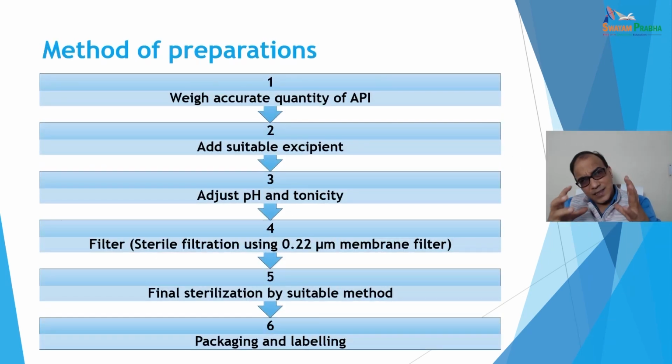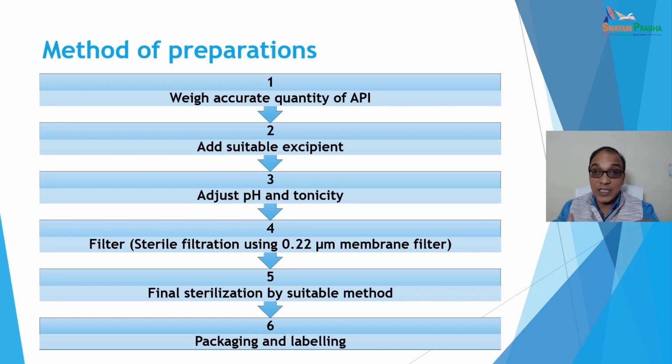Now let us discuss in brief how we manufacture or prepare solution type parenteral dosage forms. First of all, you will have to weigh accurately the exact quantity of API, active pharmaceutical ingredient. Then you will add suitable excipients. Then adjust the pH and isotonicity.